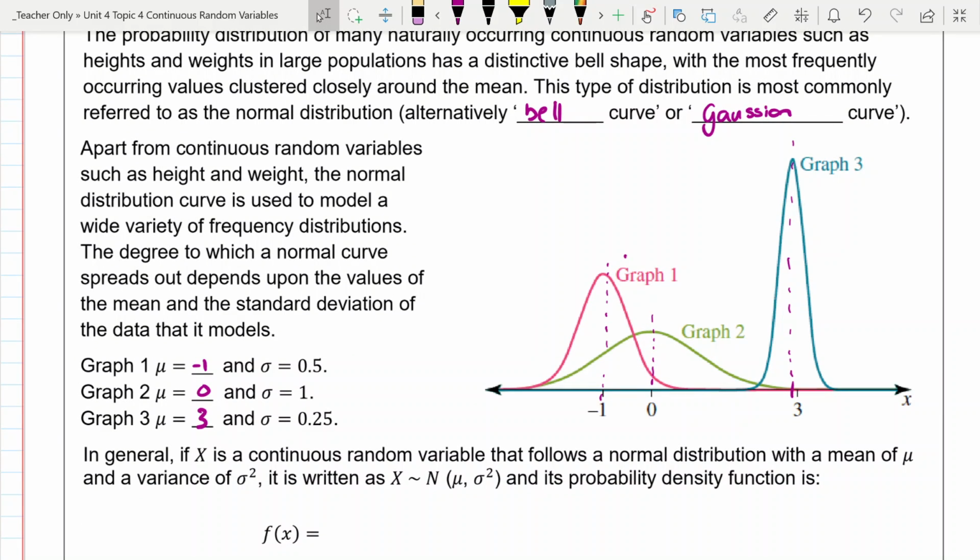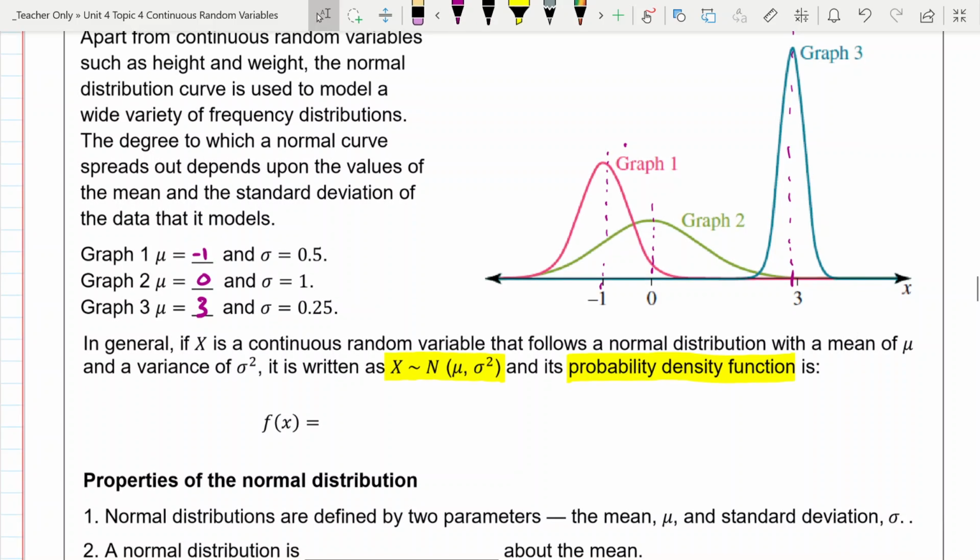So in general, if x is a continuous random variable that follows a normal distribution with a mean of mu and a variance of sigma squared, and you'll recognize this notation, it can be written as x is approximated by a normal distribution with mu and sigma squared. Don't get a fright, but this is what its probability density function looks like: 1 over sigma times the square root of 2 pi, e to the negative half, x minus mu over sigma, all squared.